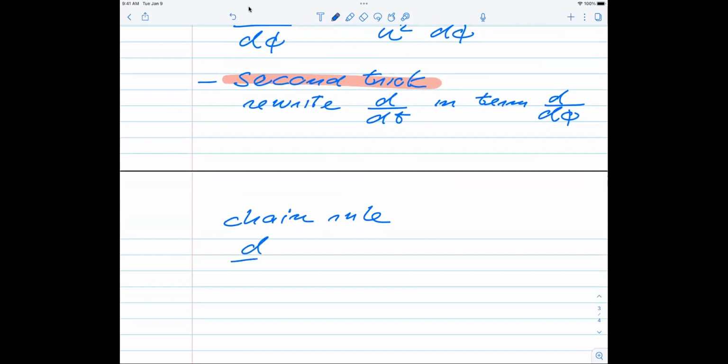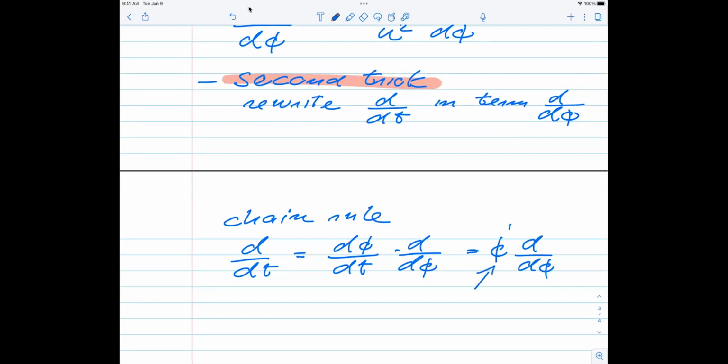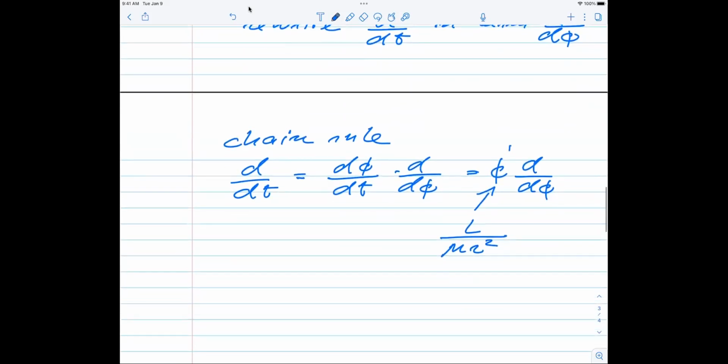We will then rewrite d dt as d phi dt times d d phi, which we rewrite like this. We know that d phi dt is given by the angular momentum divided by the reduced mass and multiplied with the radius squared. So we can rewrite this quantity as L divided by mu r squared times d d phi. So that's the first rewrite.